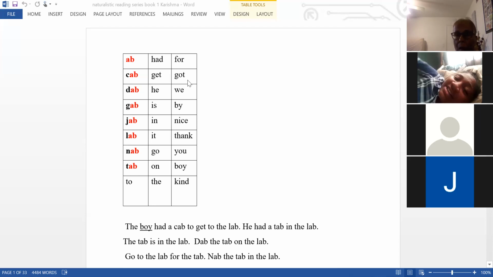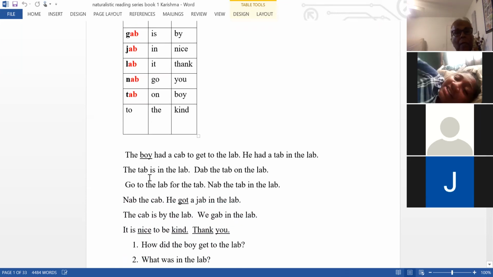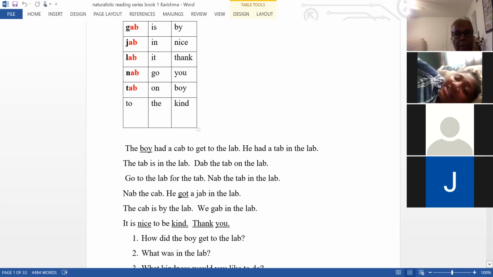This one is get, but they will sound and they will spell. They have to spell nice and thank and you and boy and kind. Now the words in black are in the lesson itself. That's why they are in the table. So they learn this part, the table, they say it, and then we go on to read.